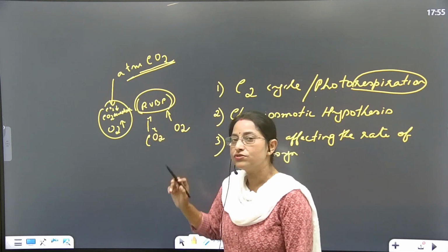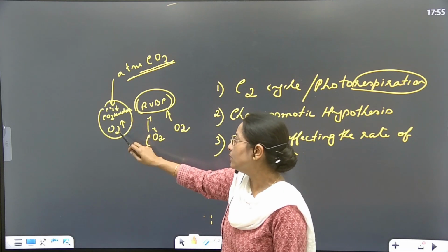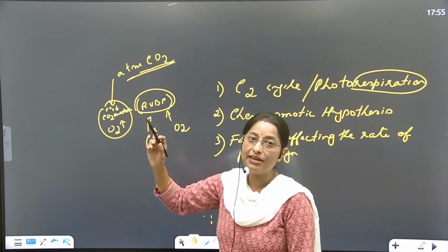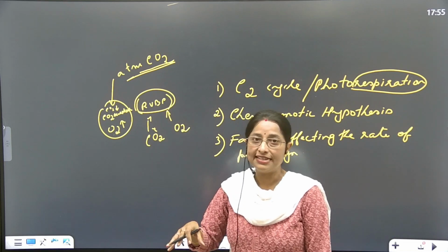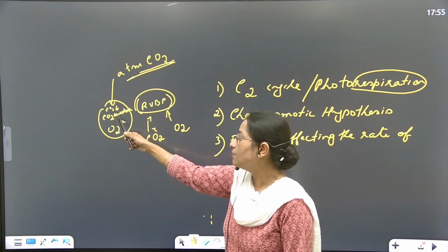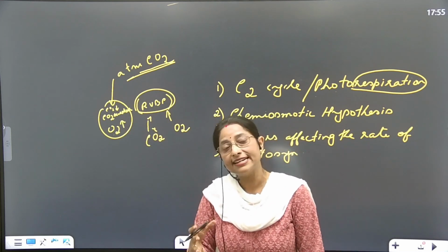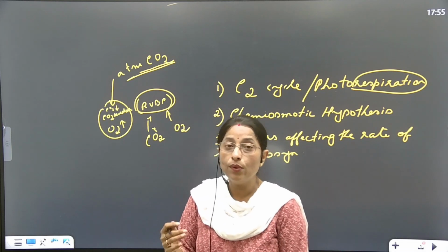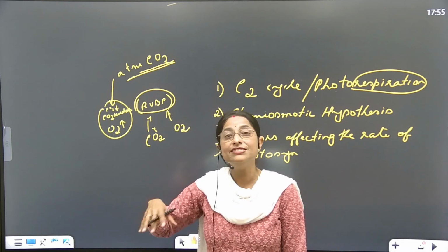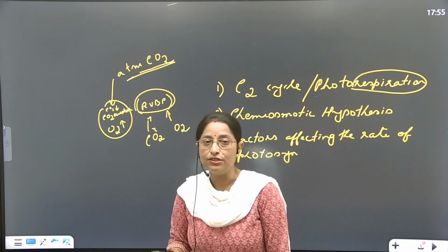The C2 cycle occurs especially under one condition, when the amount of oxygen inside the cell is more compared to the amount of carbon dioxide inside the cell. What happens in the C2 cycle? RUBP, which usually acts as a carbon dioxide acceptor, will now act as an oxygen acceptor, and then they will have a different set of reactions, and that would be called the photorespiration or C2 cycle. Right.